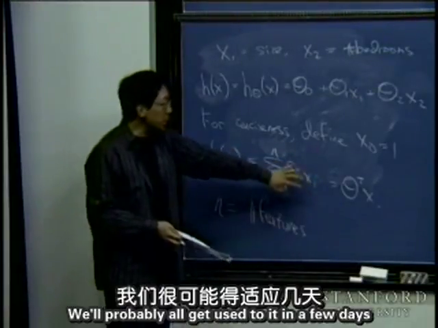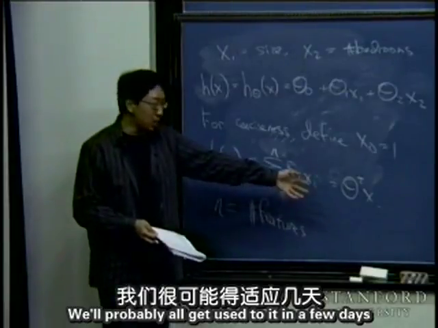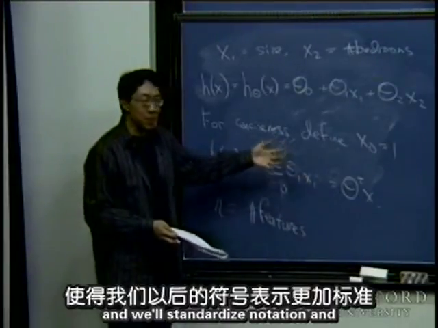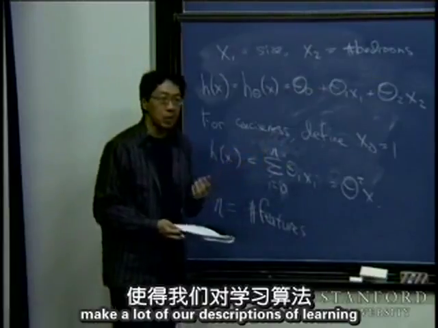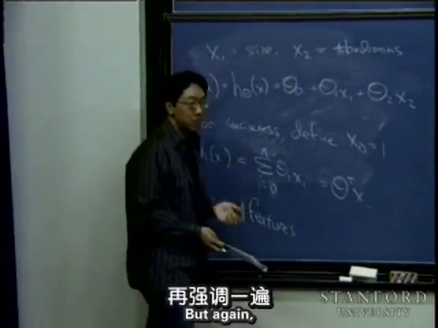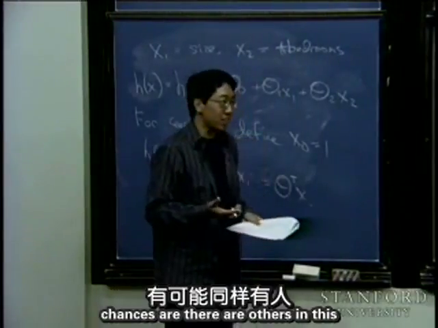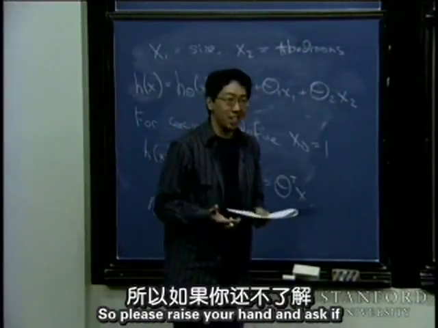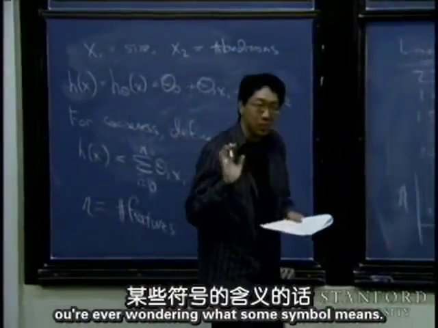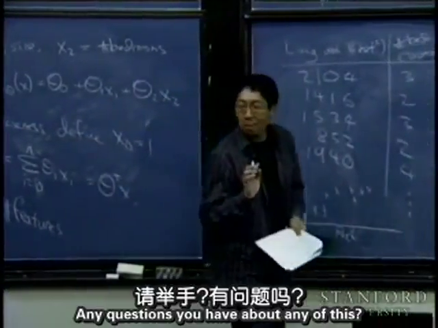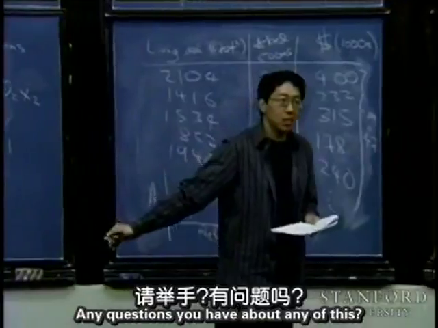We'll probably all get used to it in a few days, and with standardized notation, it'll make a lot of our descriptions of learning algorithms much easier. But again, if you see me write some symbol and you don't quite remember what it means, chances are there are others in this class who've forgotten too. So please raise your hand and ask if you're ever wondering what some symbol means. What questions do you have about any of this?